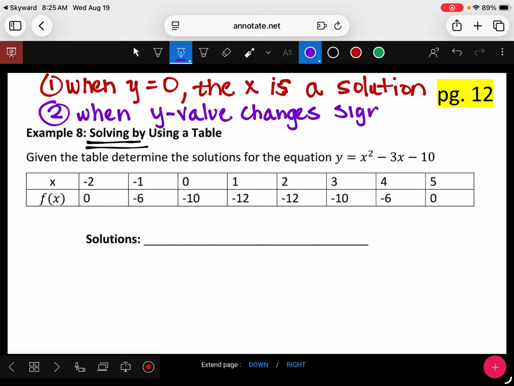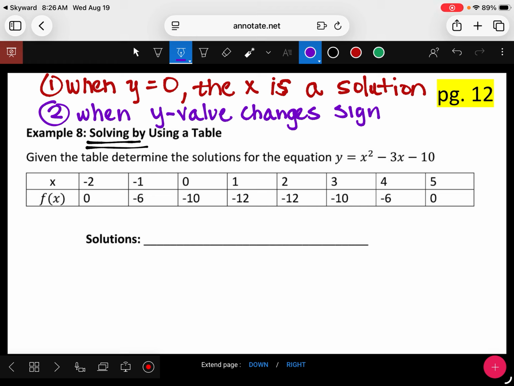So in other words, if it goes from being positive to negative or from a negative to a positive. So those are 2 hints to help us know that we've hit a solution in our graph.